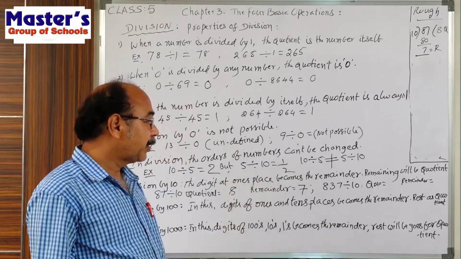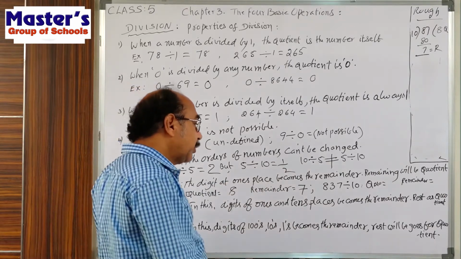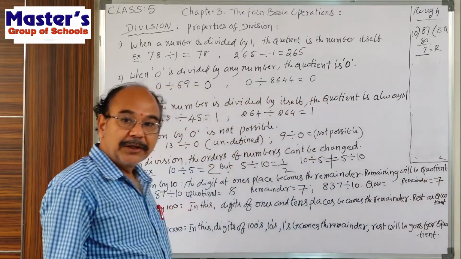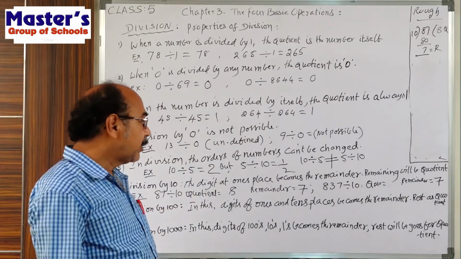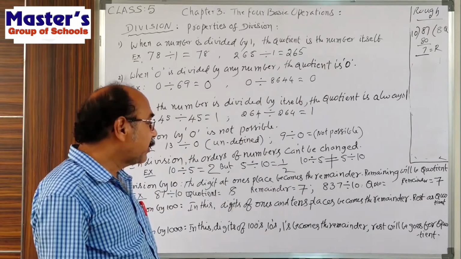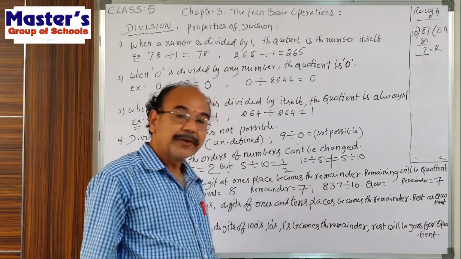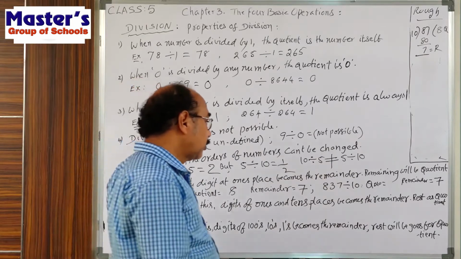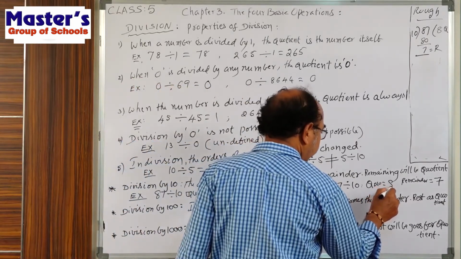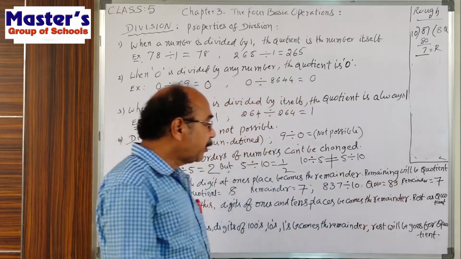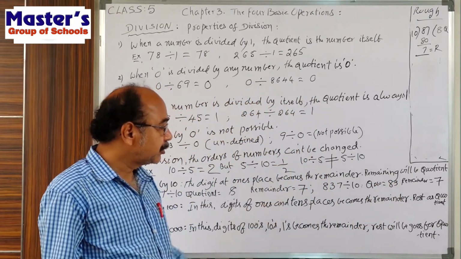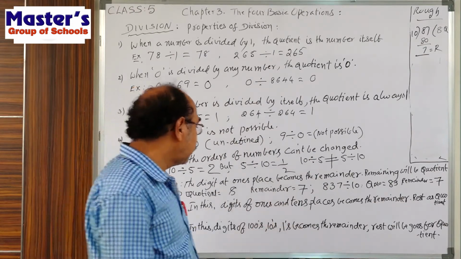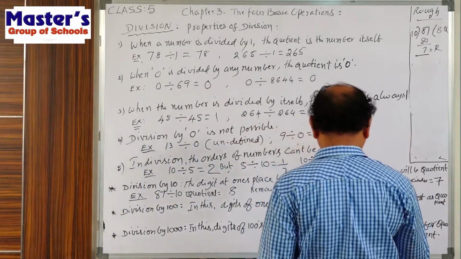It becomes the remainder. What are the remaining digits? 8 and 3. The remaining digits go to the quotient. So 83 is the quotient and the remainder is 7. You can observe it very clearly in the actual division of 837.